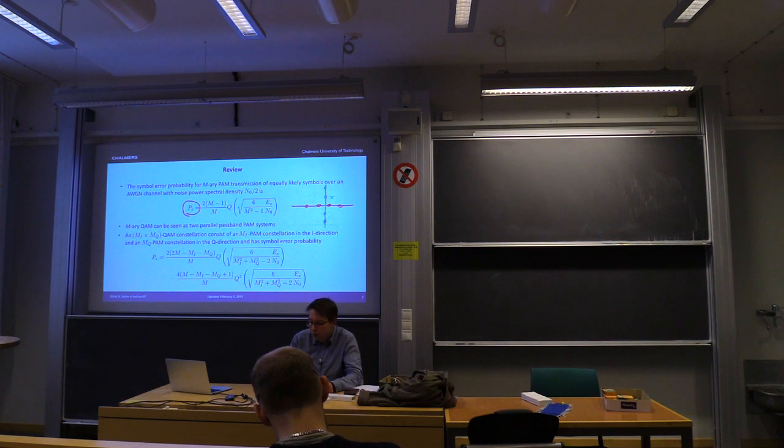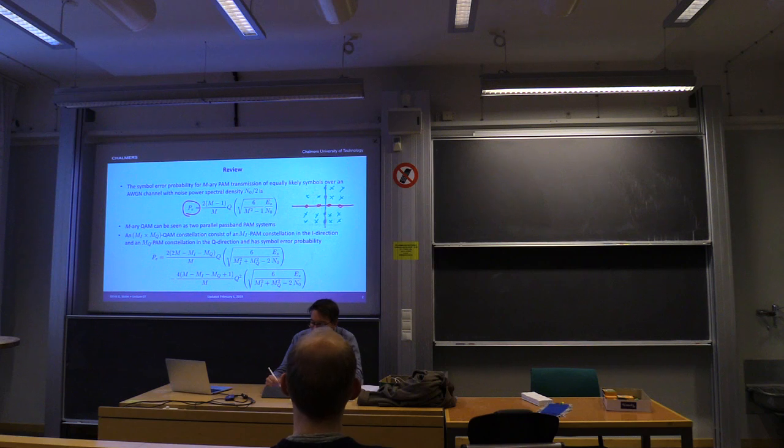So actually there are the green points that we are transmitting in this case, which are composed of the red and blue points like this. In this case it happens to be 16 QAM, 16 green X's. There are 4 PAM along this direction and 4 PAM along this direction. 4 times 4 is 16.